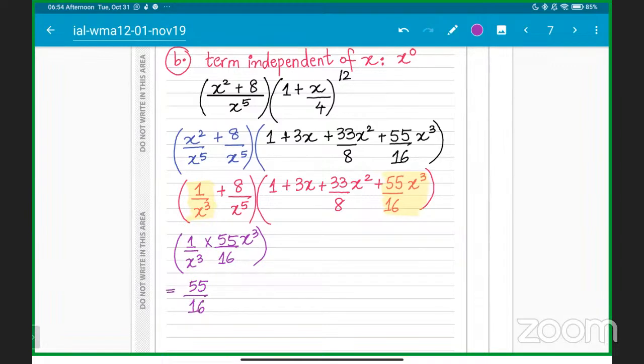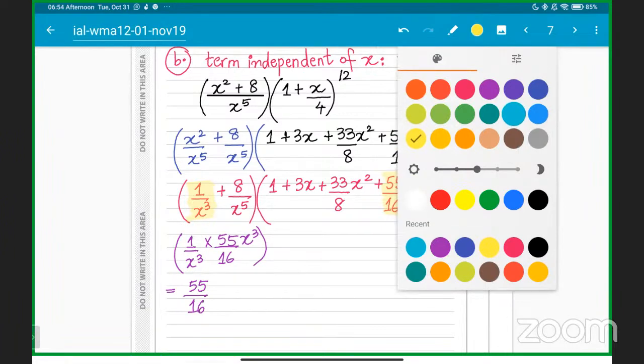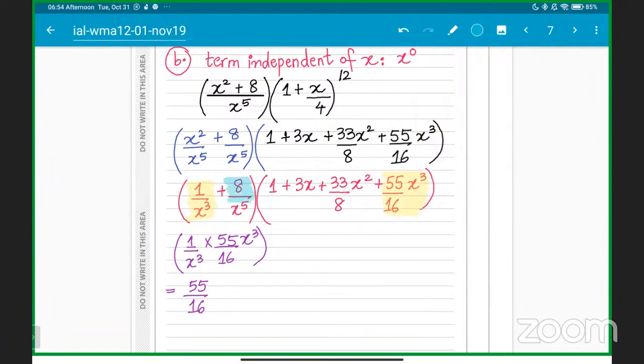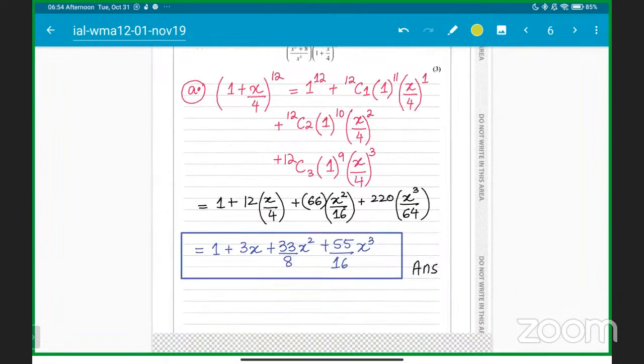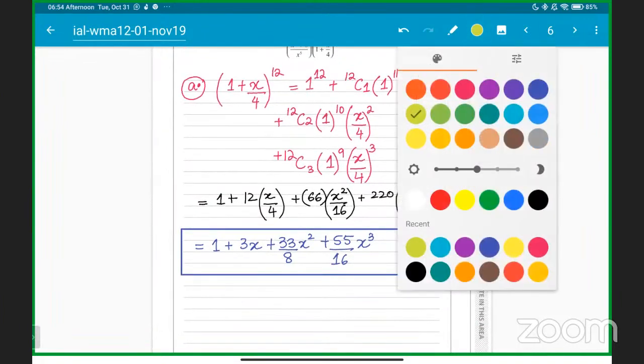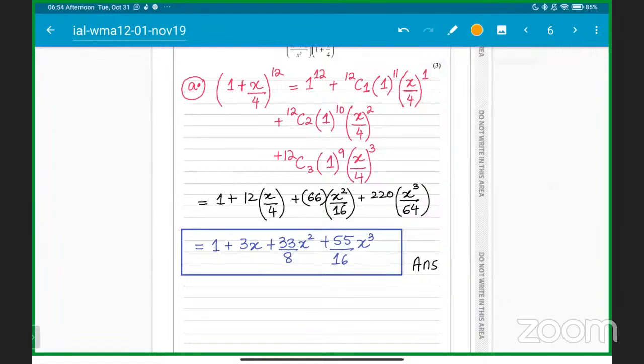But we also have to find another term which we will multiply with 8 divided by x power 5, so we get an independent term. So we need one more term here, because if you follow the pattern, x power 0, 1, 2, 3, we can eventually get x power 5 as well.